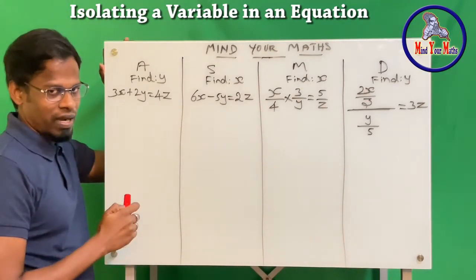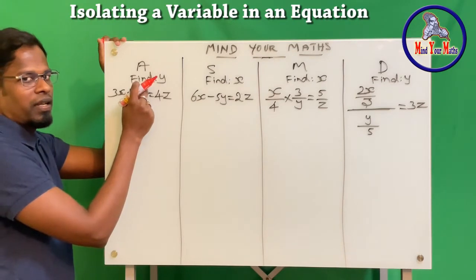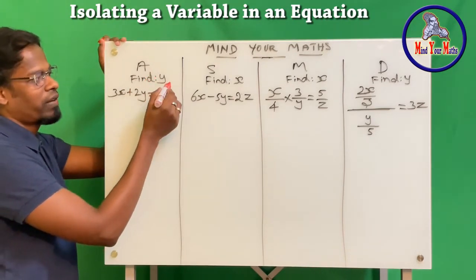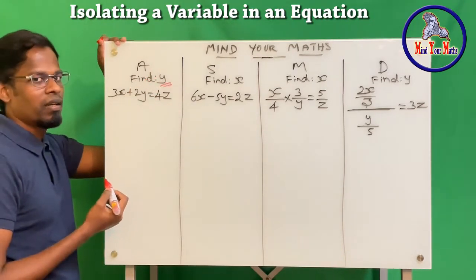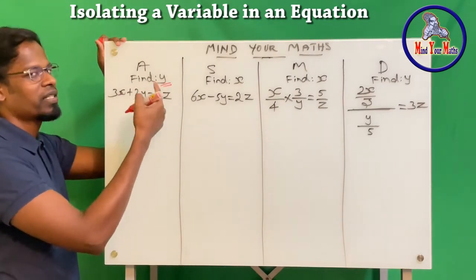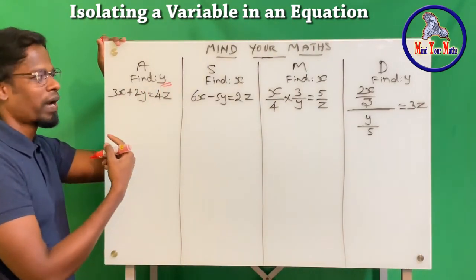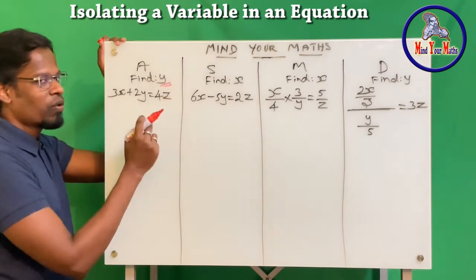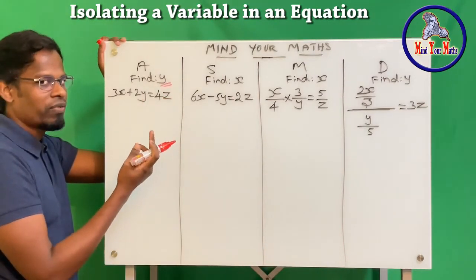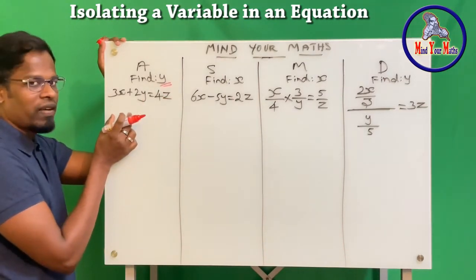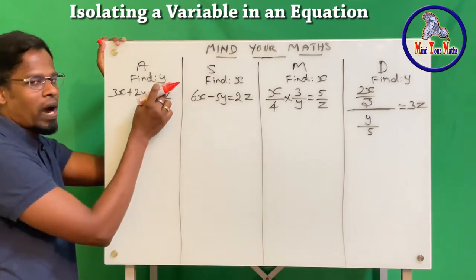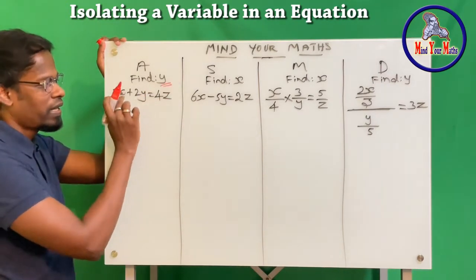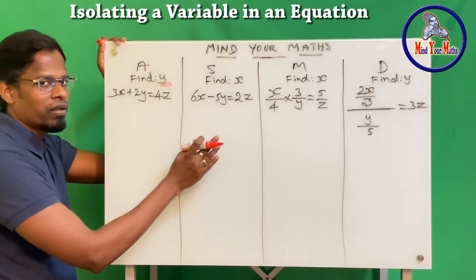When it comes to the tips videos or the fundamental videos, right? In the addition equation, what are we going to isolate? y. Find y means we are going to just isolate y or separate out y, which means y is equal to what? That's what we are going to find. So on the left side of the equation, only y will be left. On the right, the remaining everything will have to be on the right side.